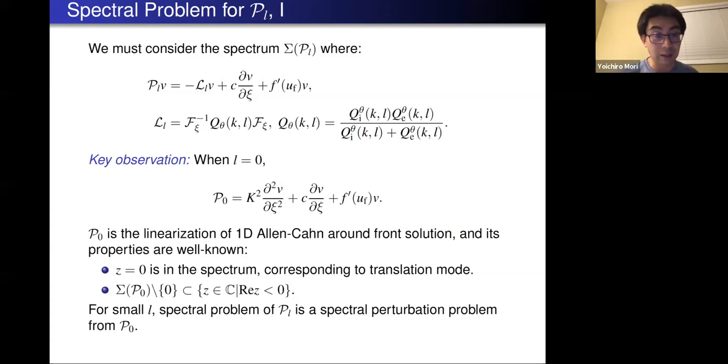However, there is an important observation that one can make. If we set L equal to 0, that is to say, if we only look at perturbations at 0 wave number, then P_0 just reduces to the linearization of the 1D Allen Cahn equation around the front solution.